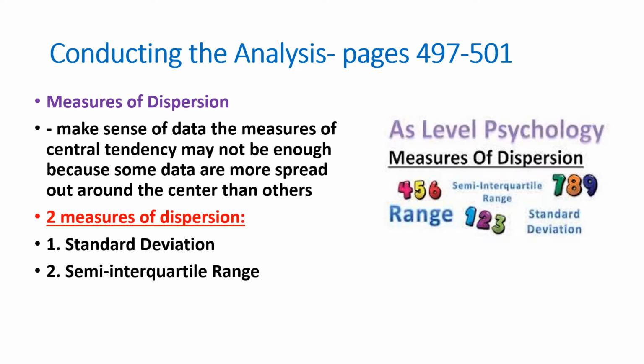The measures of dispersion make sense of the data, and the measures of central tendency may not be enough, because some data is more spread out around the center than others. So we have two types of that, and it's actually three. There's range in there too, but standard deviation is used with mean, and then the semi-interquartile range is usually used with median.